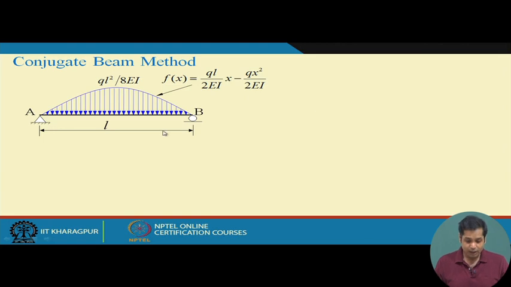Now, this is the conjugate beam. In the real beam it was initially a uniformly distributed load. In the conjugate beam the load is replaced by the bending moment diagram, M by EI. We know how M by EI changes with x, and we also know that the maximum moment is qL square by 8. So this point becomes qL square by 8 EI.